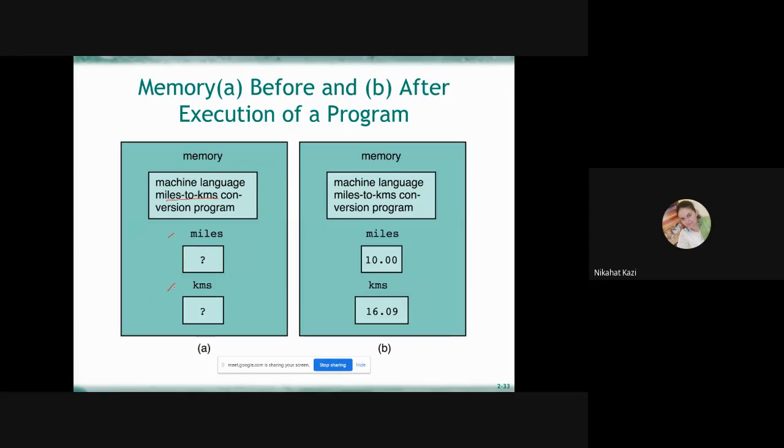So what happens in memory in the background is given in this diagram. Miles and kilometers are variables which you will declare. The moment you declare those variables, the variables are allocated memory depending on the type. Miles and kilometers are float, or double, whatever it is, those many bytes are allocated to it.